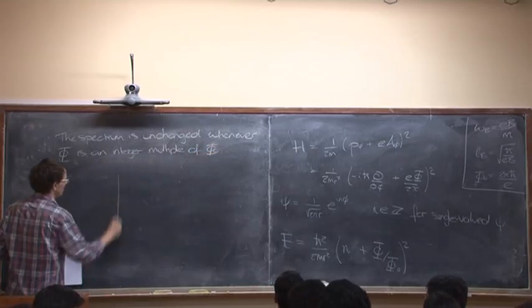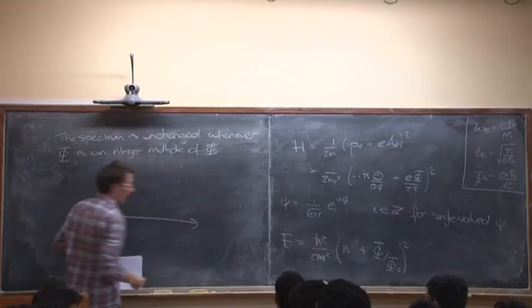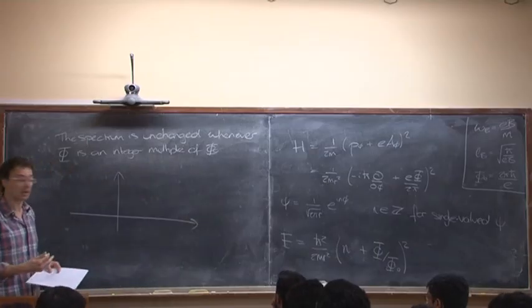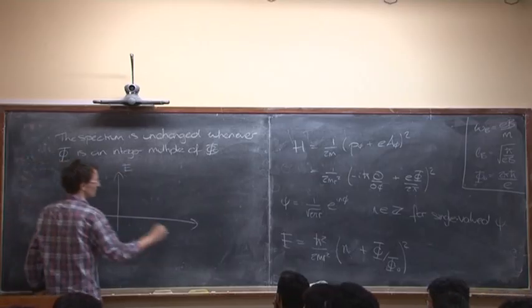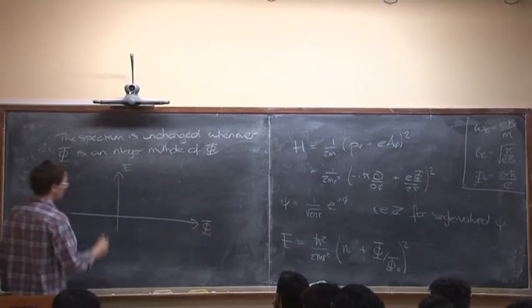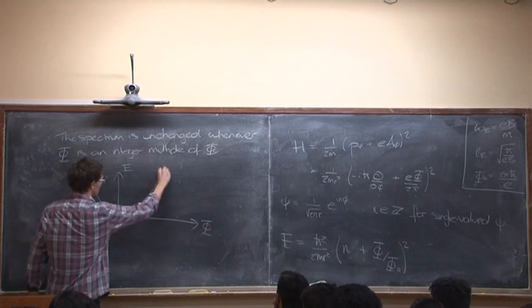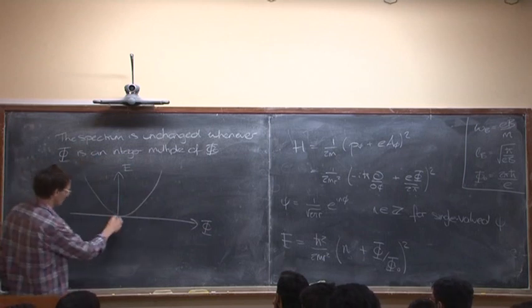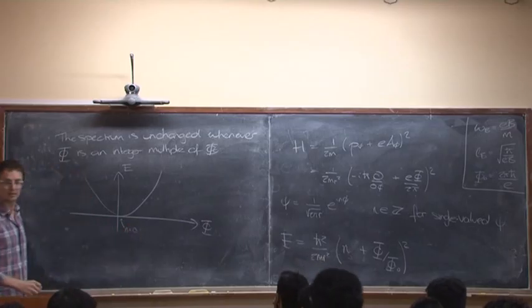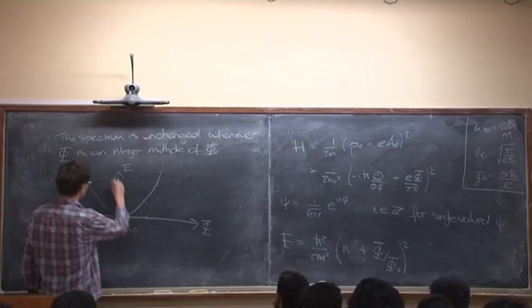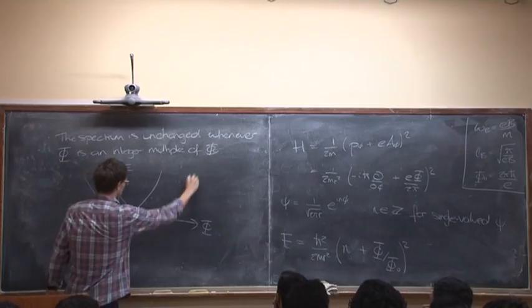We can also think about how the spectrum changes as phi increases. So this is E, this is phi, and this is the n equals 0 state, it's going to go to 0. And then the n equals 1 state looks exactly the same as this.